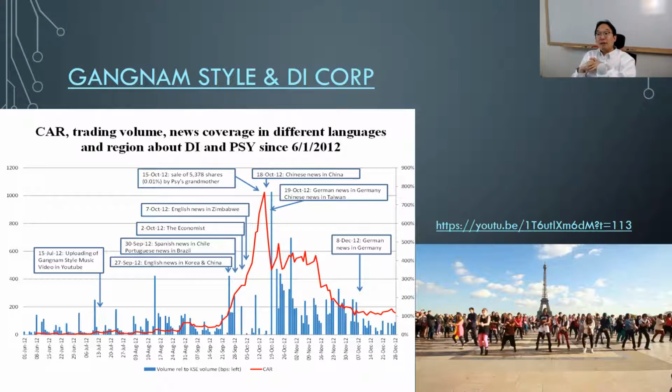And whenever there was a Myeongyun-dong style, like a Gangnam, flash mob going on, the next day of the uploading, I saw a significant increase in purchasing of the DI Corp stock, which was pretty much telling us that the individual investors were excited about this kind of media-driven attention, and they are the driving force behind this kind of temporary bubble and bust. So go ahead and watch it.